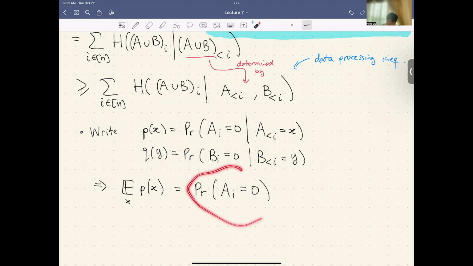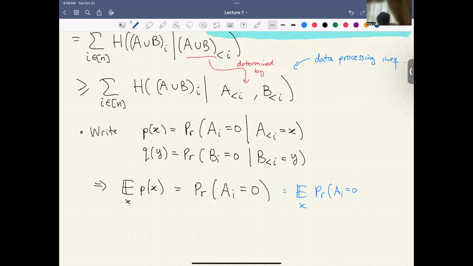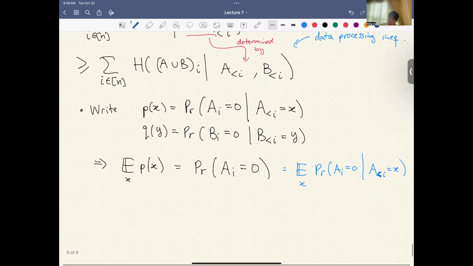I just write this probability in terms of conditioning form, then it's this. And similarly, expectation over y of Qy is the probability that B_i equal to 0.